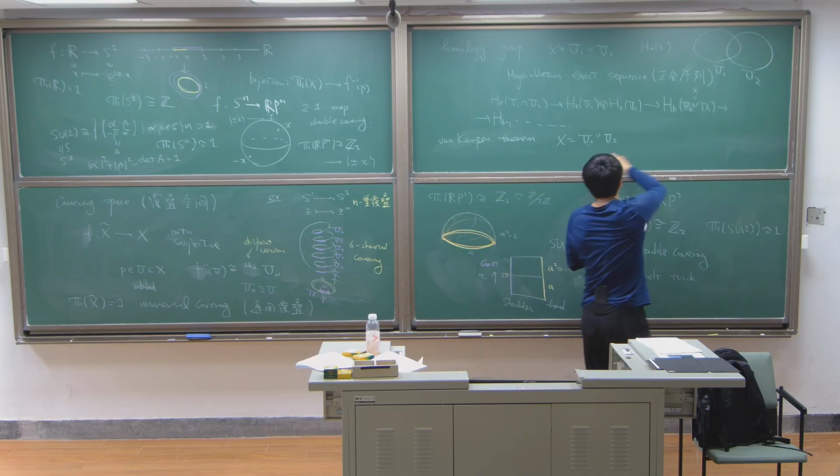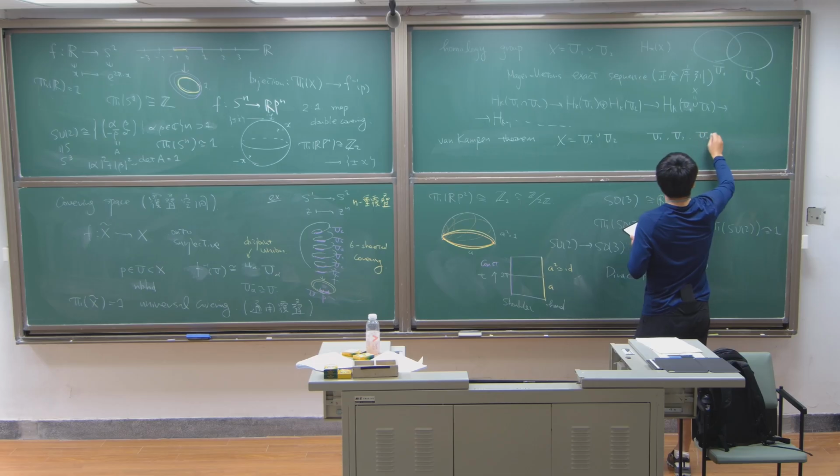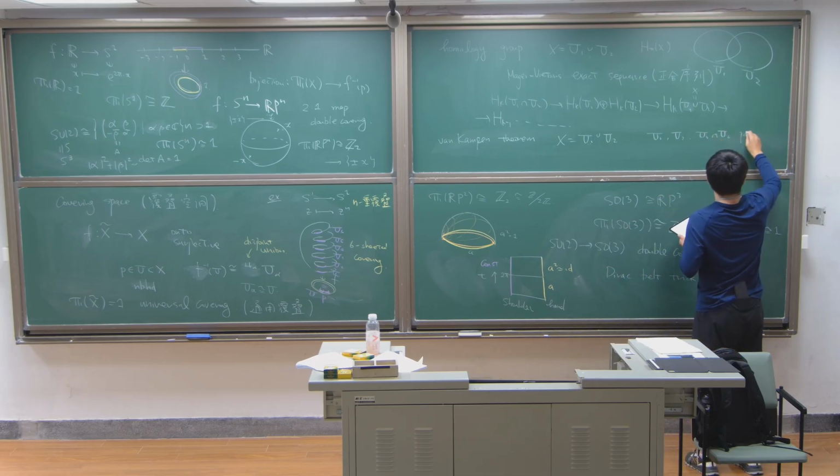The assumption is that the intersection of U1 and U2 is path connected.